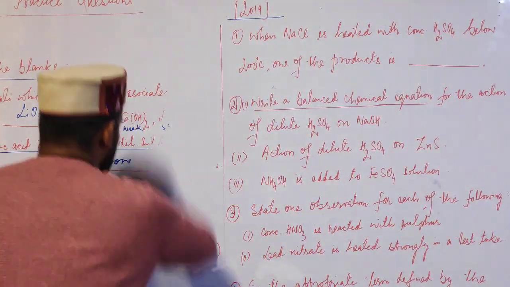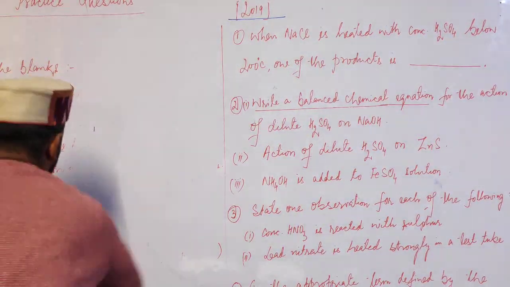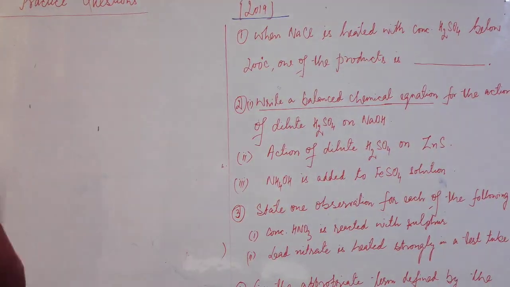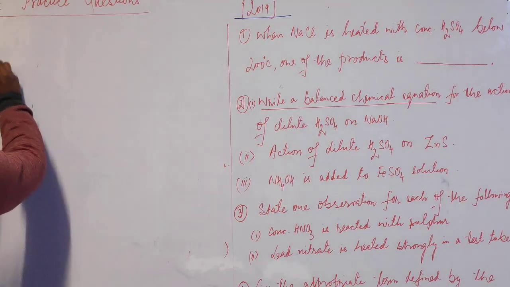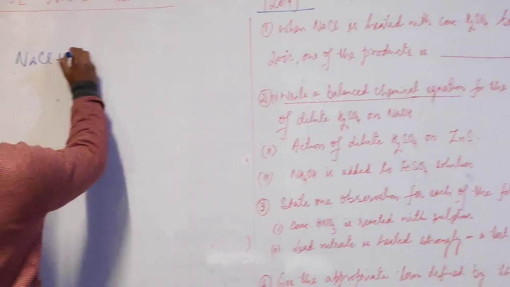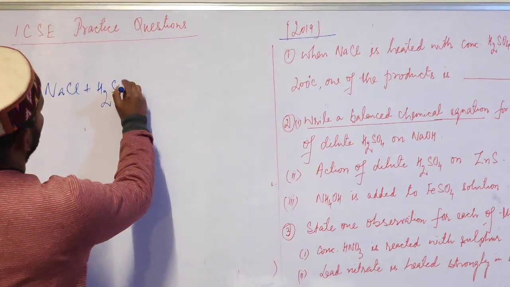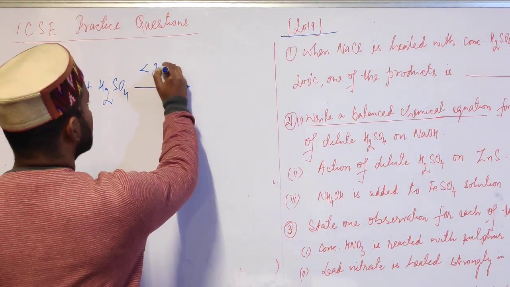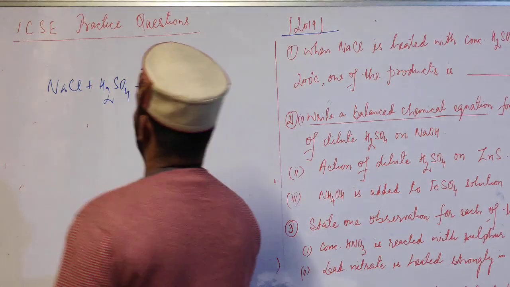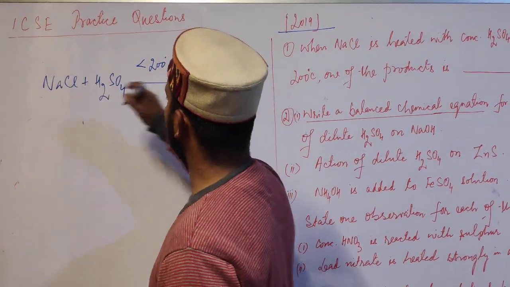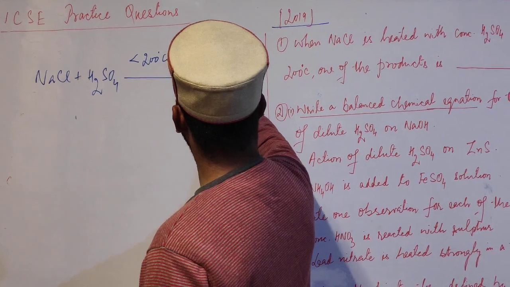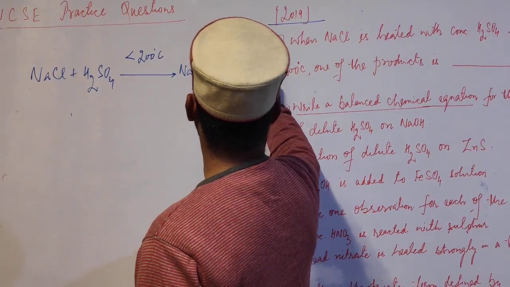So students, we know that when sodium chloride reacts with sulfuric acid below 200 degrees Celsius, the hydrogens are partially replaced, so we get sodium hydrogen sulfate and HCl.